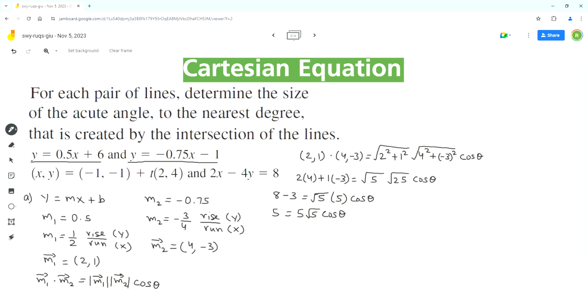Now we can divide both sides by 5 square root 5. On the left side, the 5's will get cancelled out. Now we can do the inverse of cos.